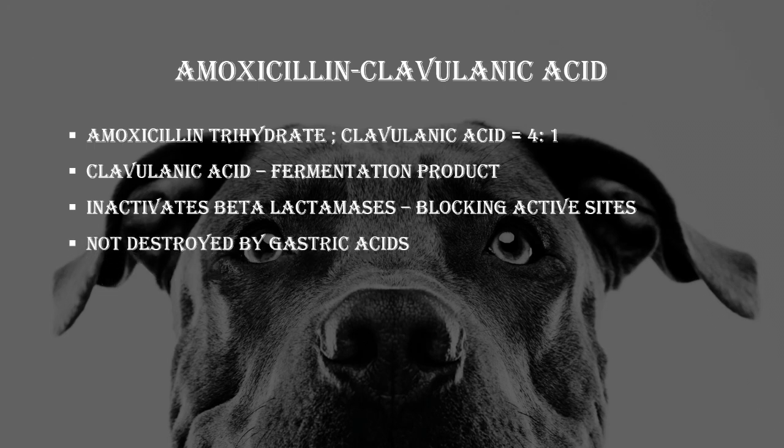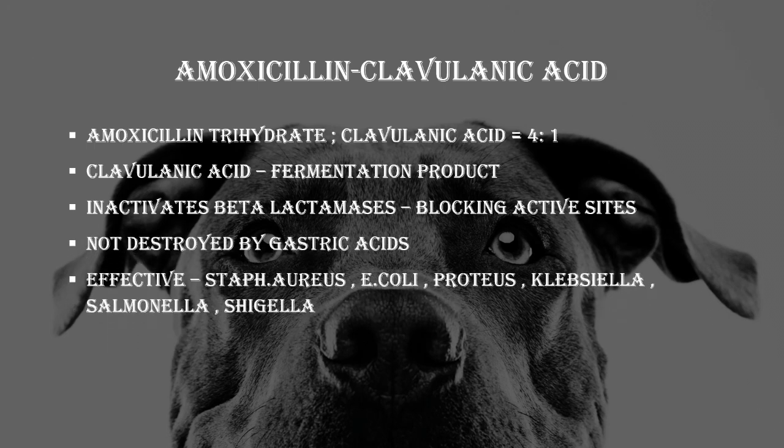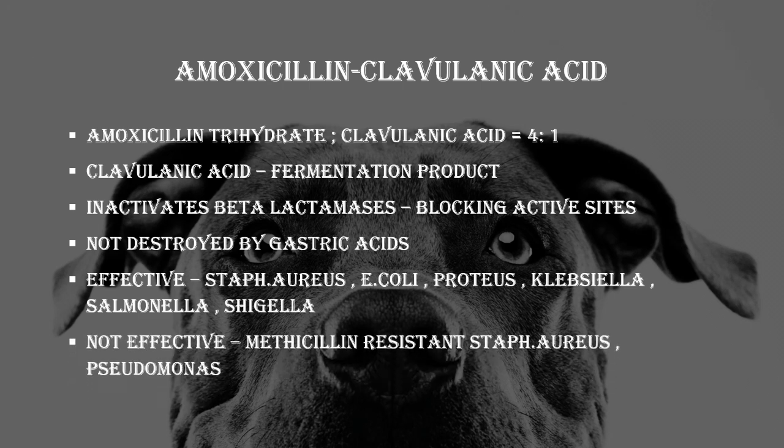It is not destroyed by gastric acids. The combination is effective against Staphylococcus aureus, E. coli, Proteus, Klebsiella, Salmonella, Shigella, etc. It is not effective against methicillin-resistant Staphylococcus aureus and Pseudomonas.